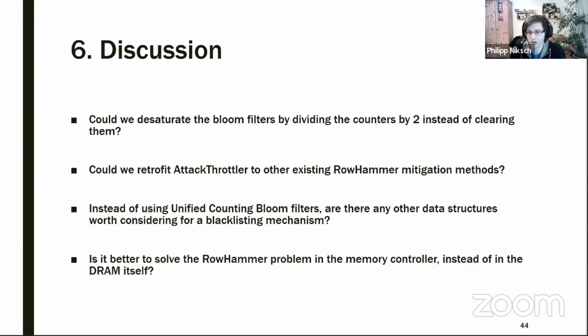Yes, the only thing that I really know about it is that it is proprietary information, and the DRAM chip manufacturers are not going to give that up so easily. Yeah, okay, then that might be a problem.